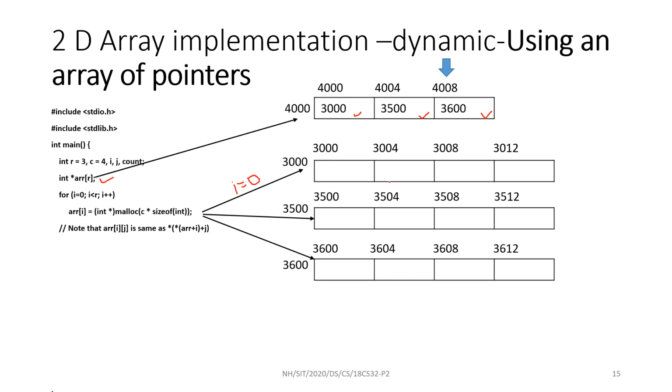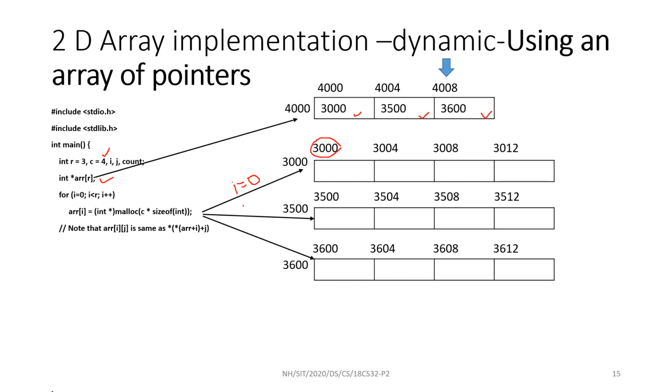How many data elements are there in that row? Data elements are 4 in number. In one row, 4 elements are there. 4 into 4, 16 locations are the result. 3000 to 3016 is the result. 4, 4, 4, 4. The starting address is 3000. That 3000 is stored here.